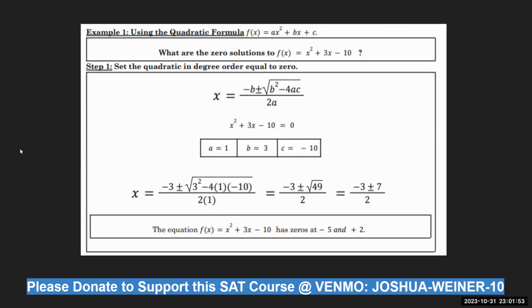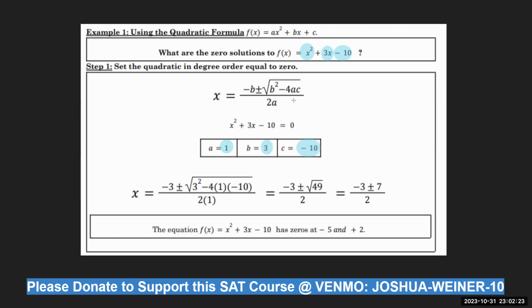We have the equation already in standard form, and we need to extract from it the coefficients of the terms. There's only one square, so a is 1. The middle term is 3x, so b is 3. And the constant is negative 10, so c is negative 10.